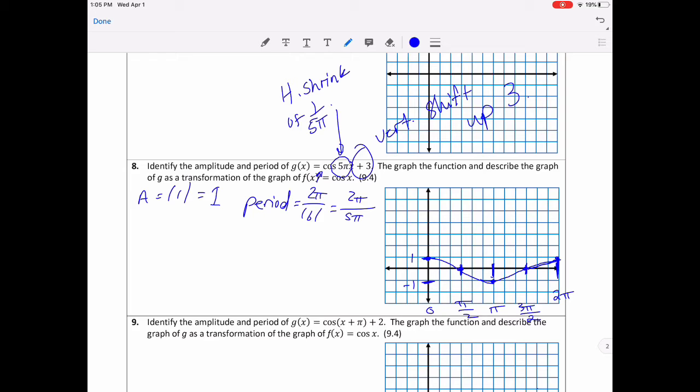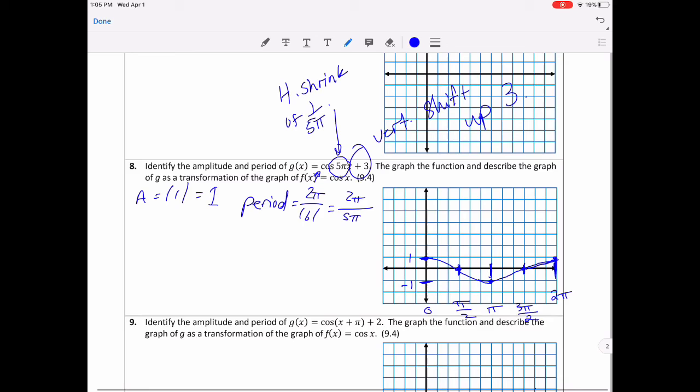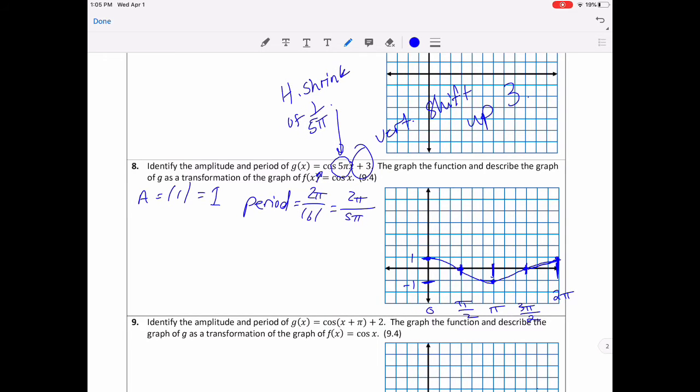Okay, so 2 pi over 5 pi, the pi's cancel, and so my period is 2/5.